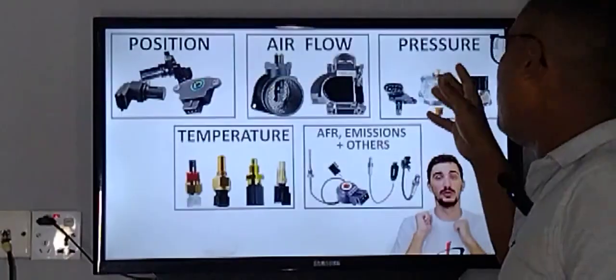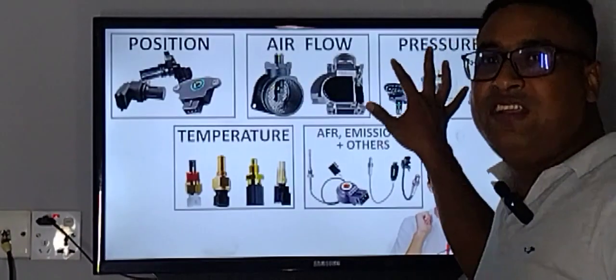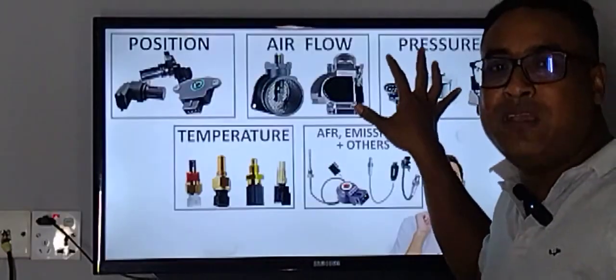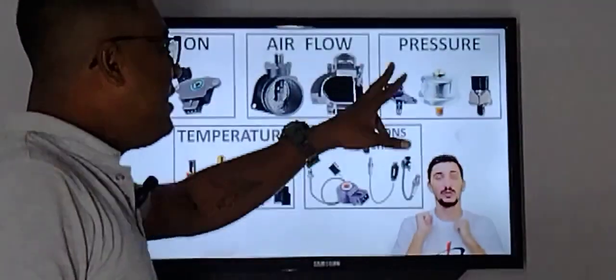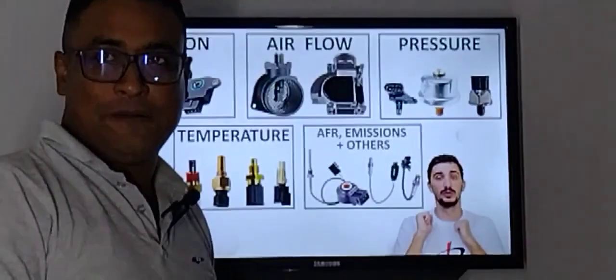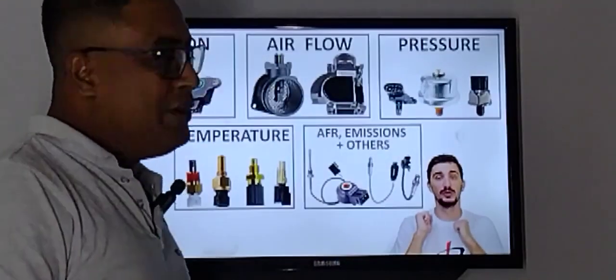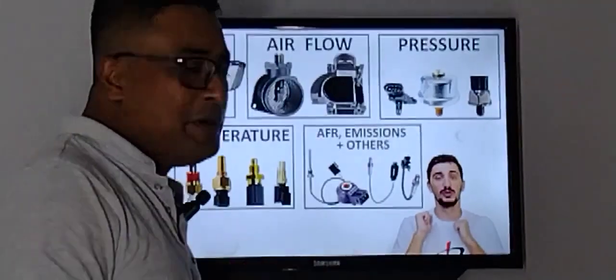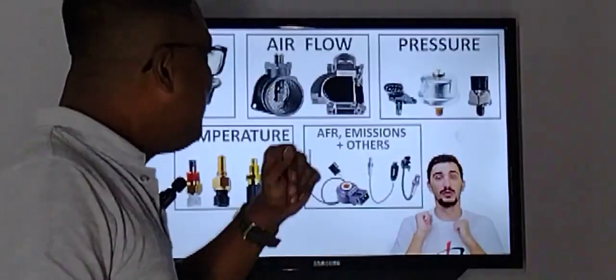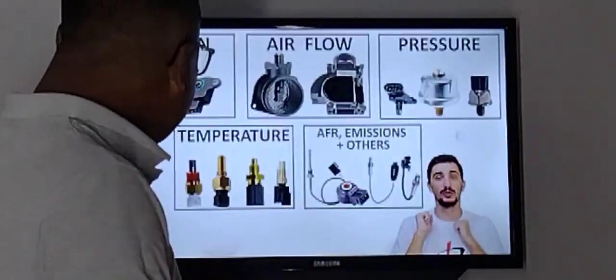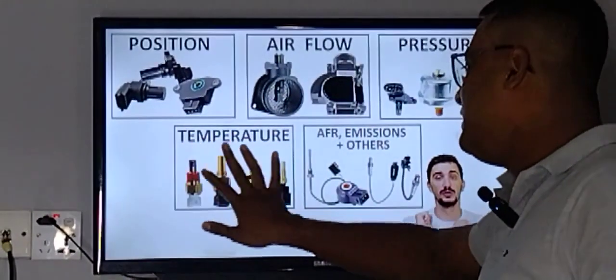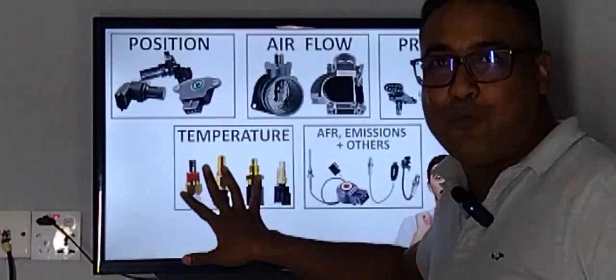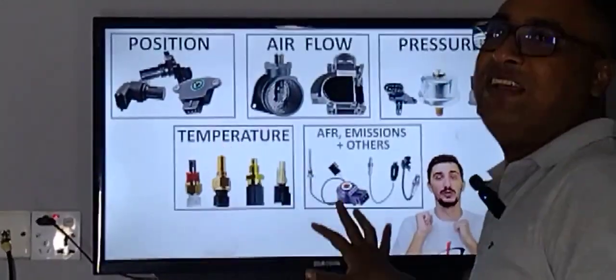Okay, the next one is the pressure sensor. This pressure sensor is available in three kinds of instruments: one can be for the tire, one the oil pressure sensor, one the gear pressure sensor, and one for the compression sensor. The next one, most important for the engine and other devices to work properly, is the temperature sensors.